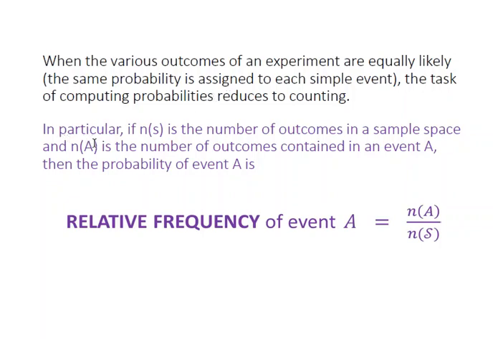In particular, if ns is the number of outcomes in a sample space and na is the number of outcomes contained in an event A, then the probability of event A, or the relative frequency of event A, is na over ns. It means the number of simple events in A over the number of simple events in S.